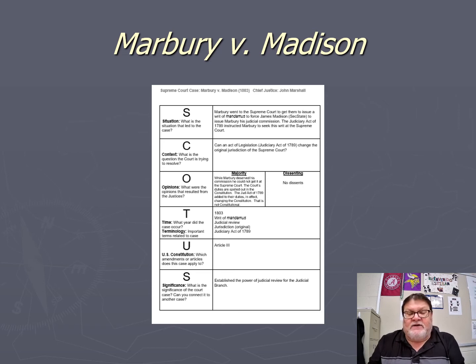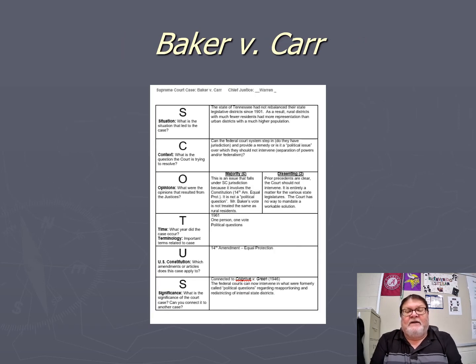All right, let's move on to Baker versus Carr. A little bit of a different style, different case. So this is from the 1961, 1962 time frame. Then you read the idea, and you've got it. Tennessee hadn't changed the districts for their legislature in 50-some years. They were supposed to do it every 10 years, but they didn't.